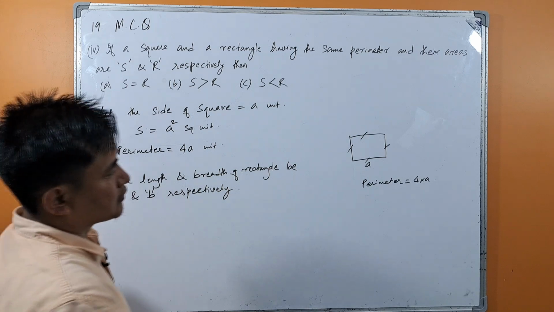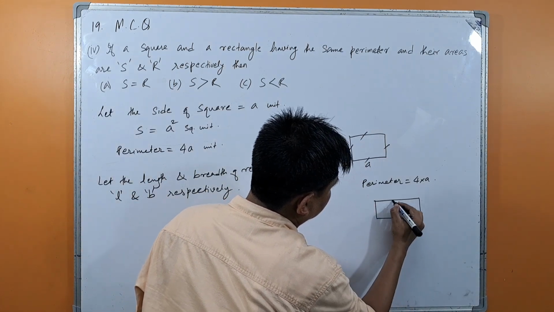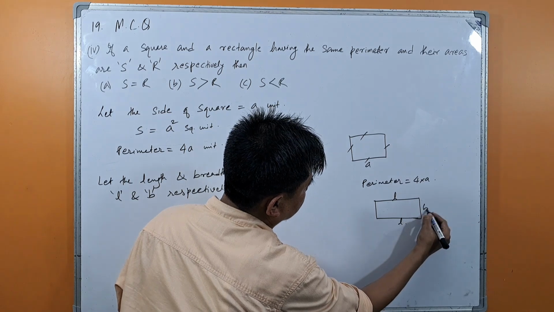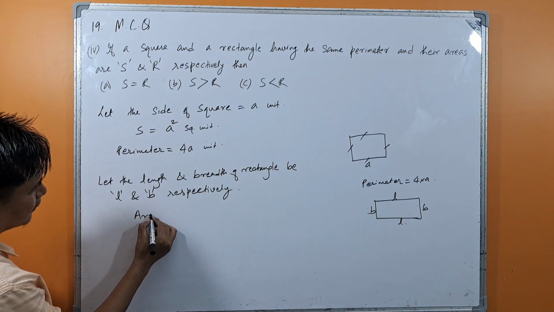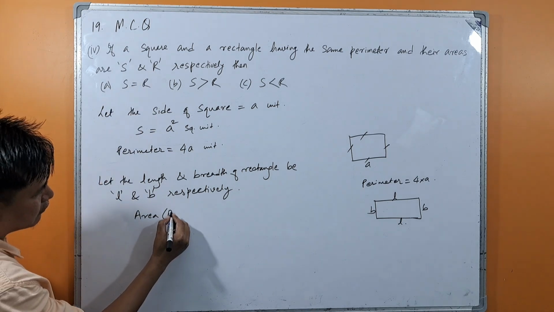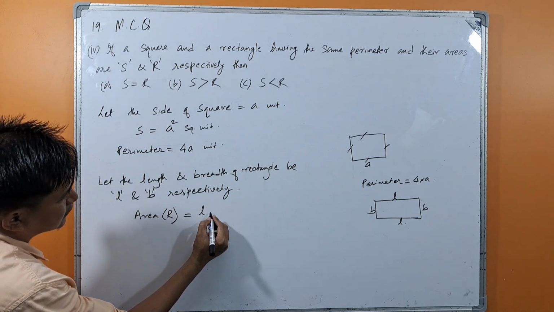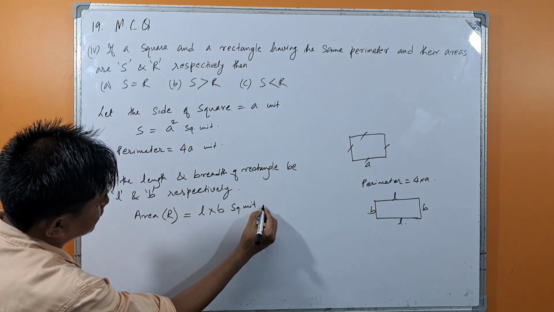I am supposing the length of the rectangle is L unit and the breadth of this rectangle is B unit. So the area R will be length into breadth, L into B square unit, isn't it?